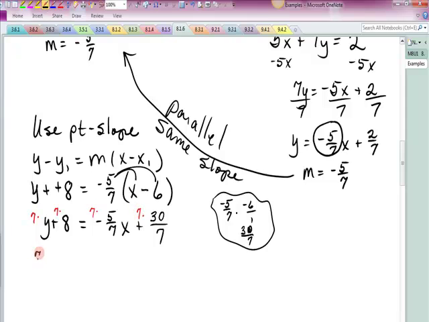That gives me 7y plus 56 is equal to, these 7's divide out, negative 5x. These 7's divide out, and I have plus 30. I need to add 5x because in standard form the x and the y are both on the left.